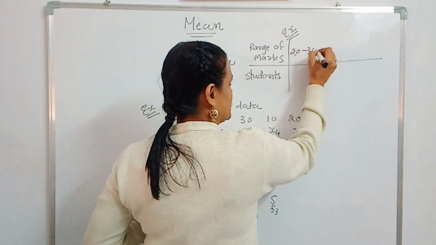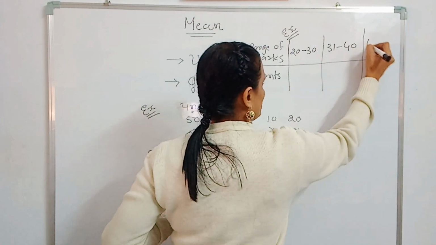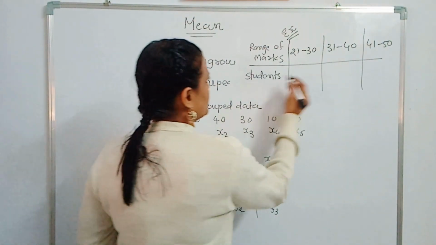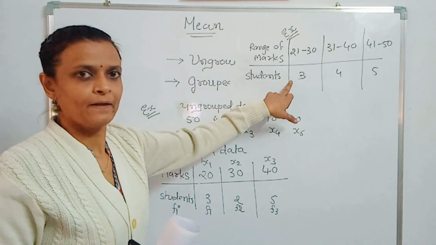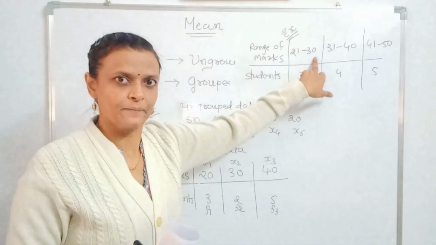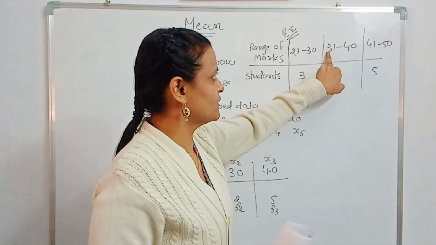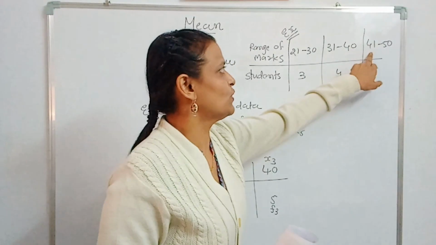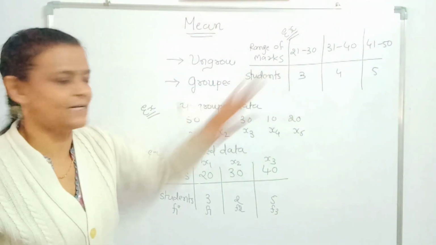Suppose it is 21 to 30, 31 to 40 and 41 to 50. And suppose 3 students, 4 students and 5 students. What does it mean? These 3 students are getting marks between 21 to 30, 4 students are getting marks between 31 to 40 and 5 students are getting marks between 41 to 50. So this is also an example of grouped data.